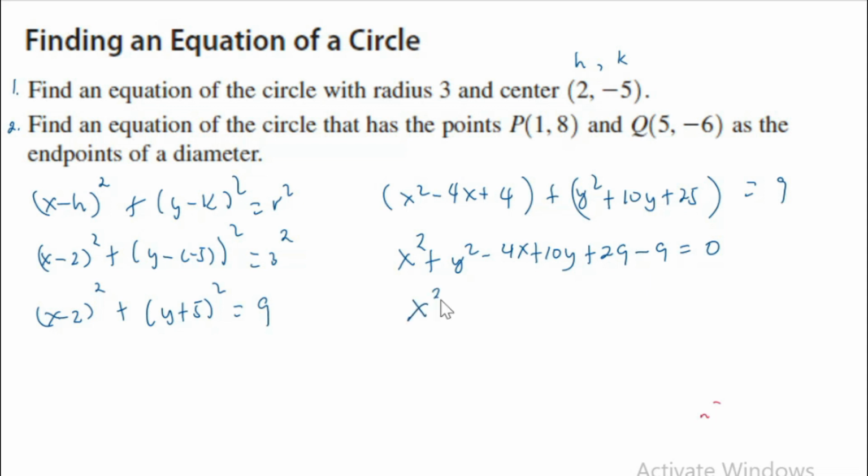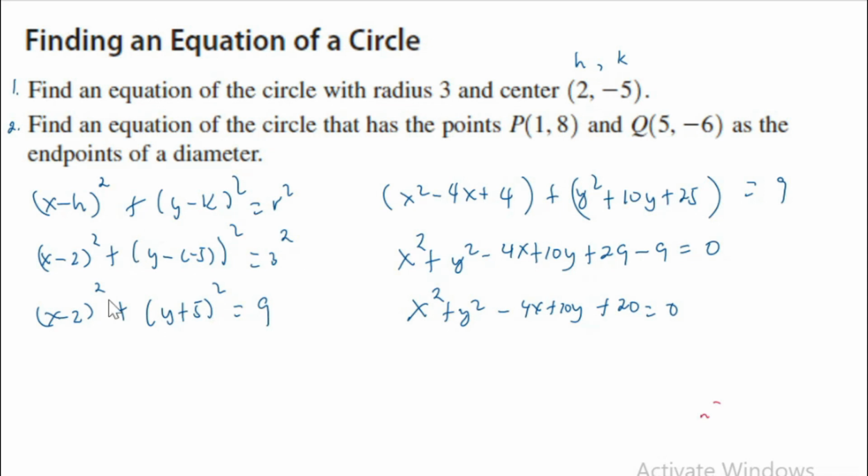So we can now write x squared plus y squared minus 4x plus 10y plus 20 is equal to 0. This kind of equation is what we call the general equation of a circle, while the first one is the standard form of the equation of a circle.